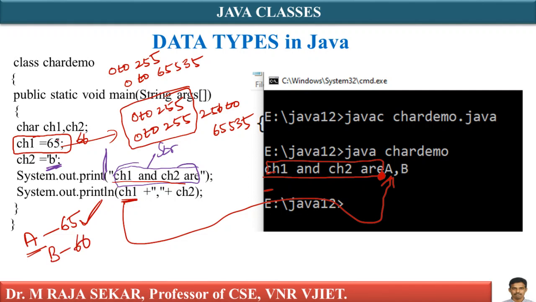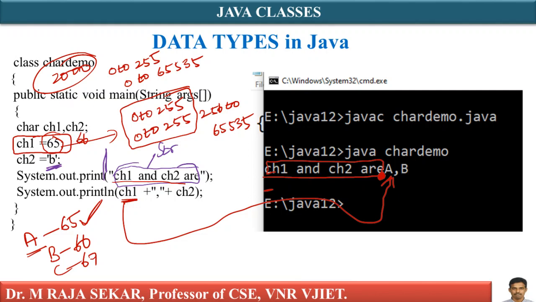If I keep 67 here, it will print C, because 67 is the ASCII value of capital C. ASCII is available till 255 only. If instead of 65 I say 2000, I will get the Unicode character corresponding to 2000.